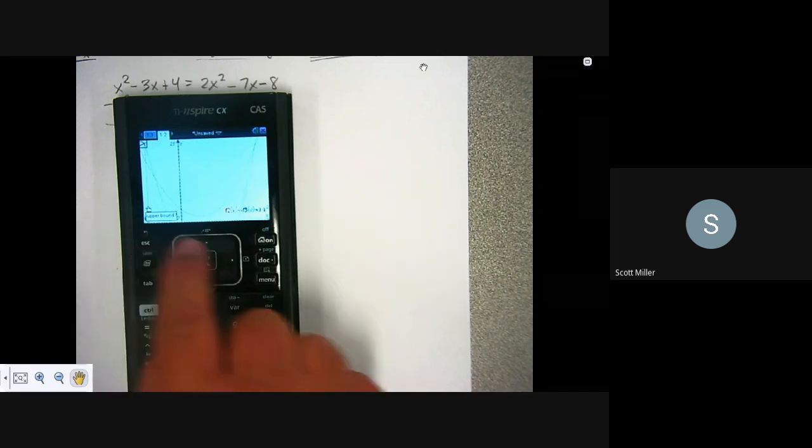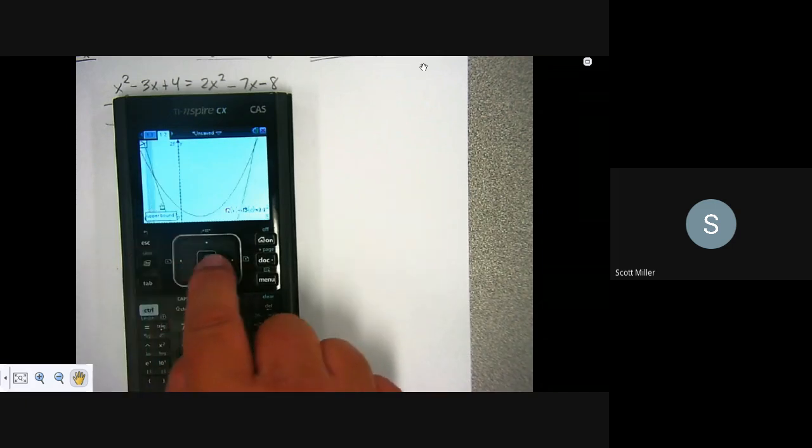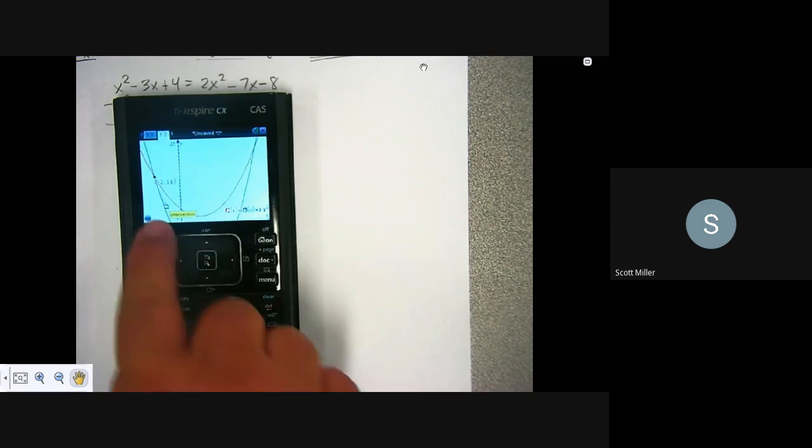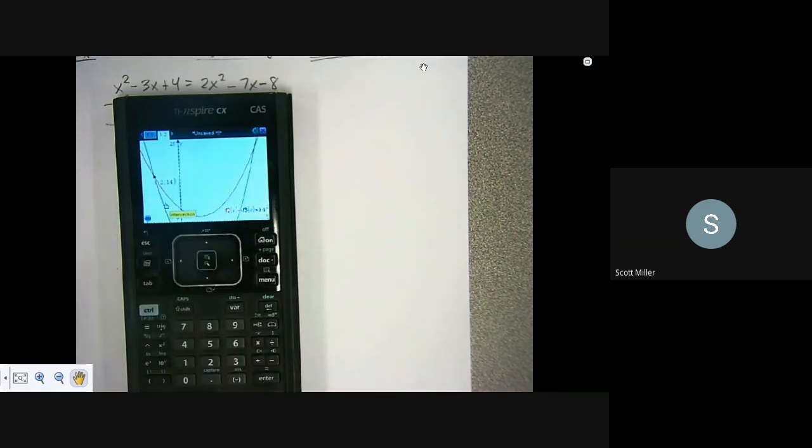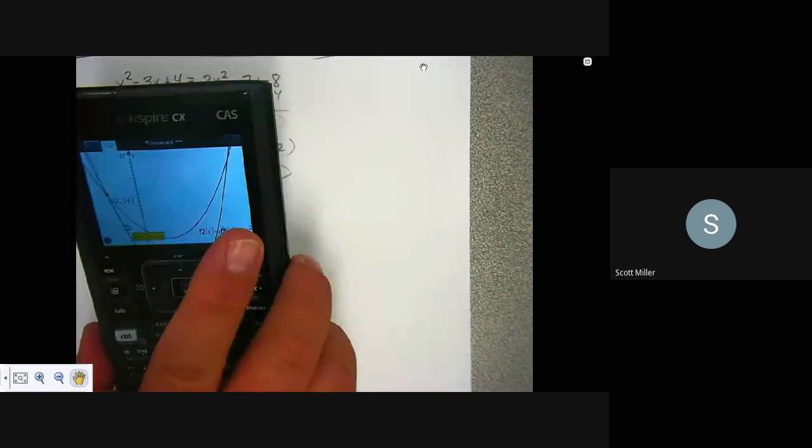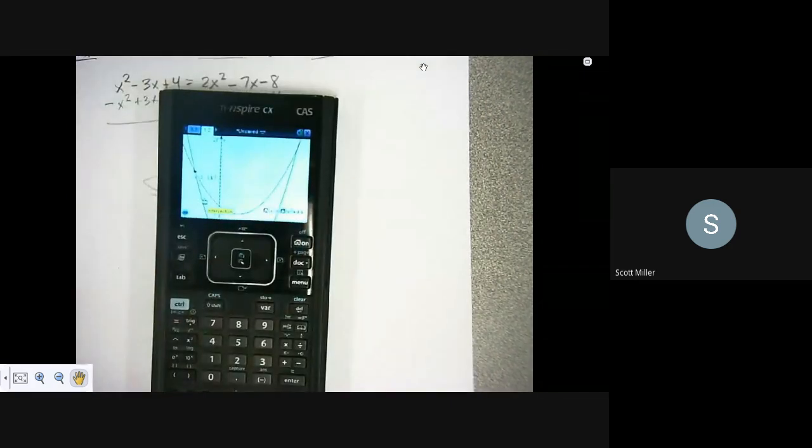It changed to upper bound, so slide it to the right. Go past it, the dot will appear. Boom, hit enter, and there it is. So it intersects at 214. But what's the x value? 2. I'm sorry, -2. At -2, which is the answer we were looking for. So that's how I can do the solving graphically on the calculator.